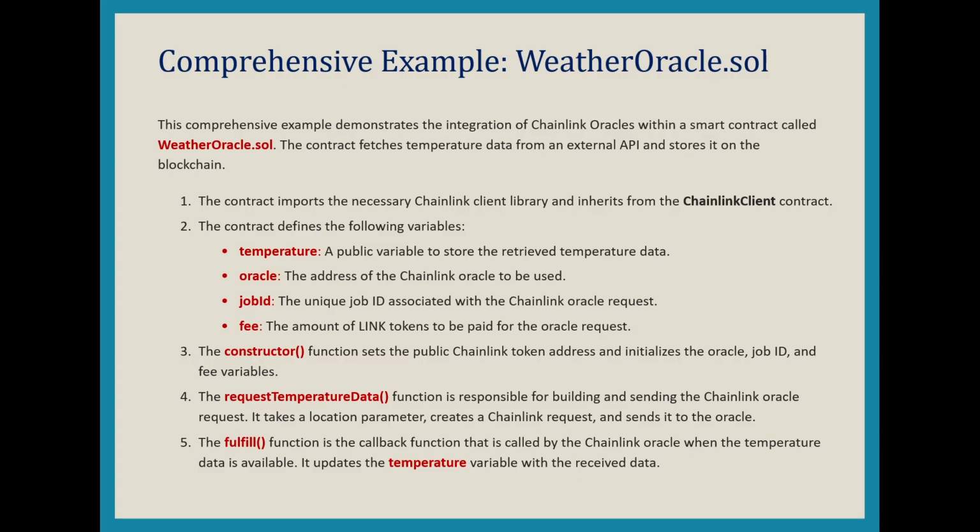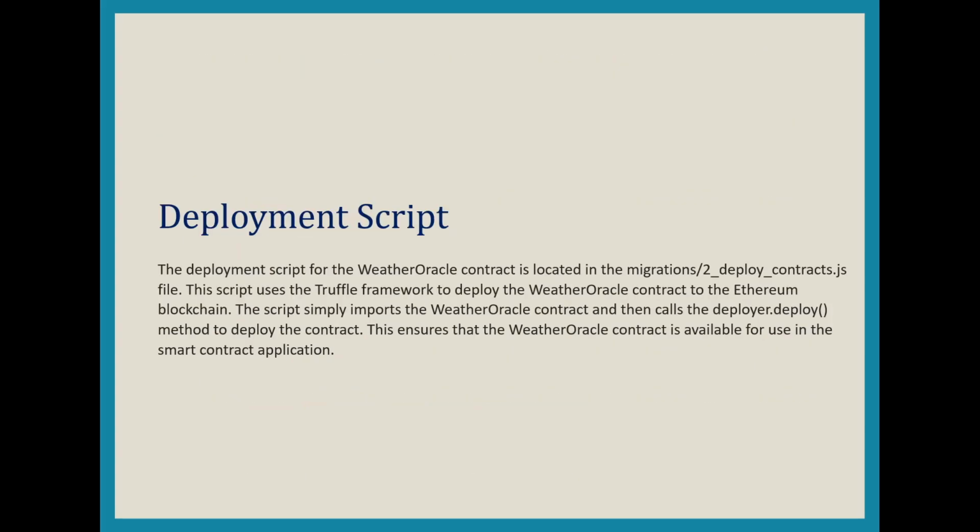The constructor sets the public Chainlink token address and initializes the Oracle, job ID, and fee variables. The requestTemperatureData function is responsible for building and sending the Chainlink Oracle request. The fulfill function, as I explained, is called when the temperature data is available.